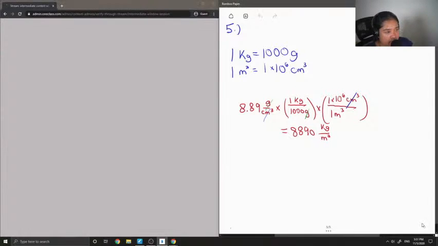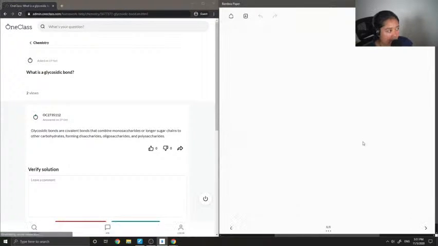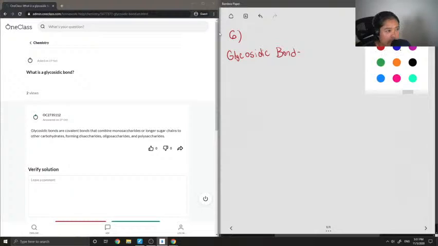Okay, so let's look at question number 6. What is a glycosidic bond? So a glycosidic bond, if we first try to analyze the word, you'll notice that it has a prefix like glyco.